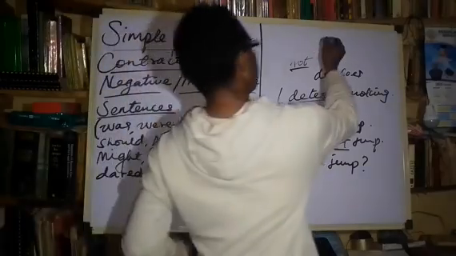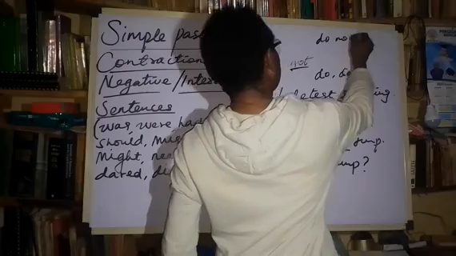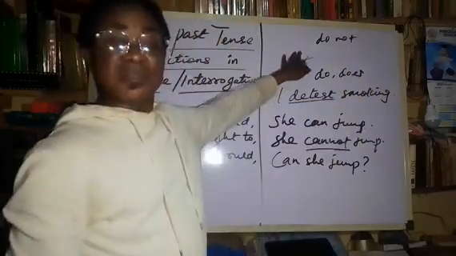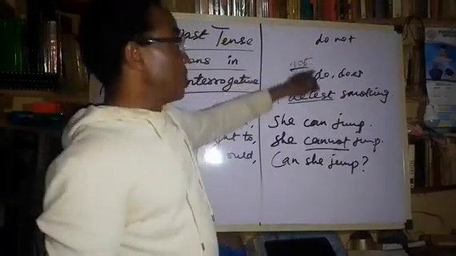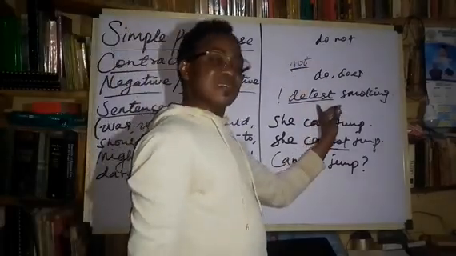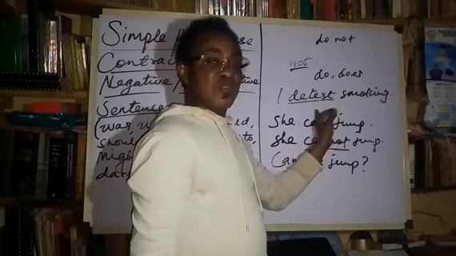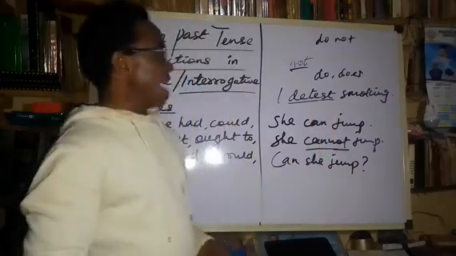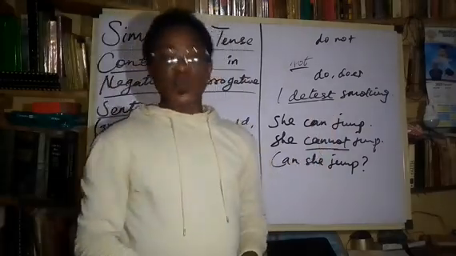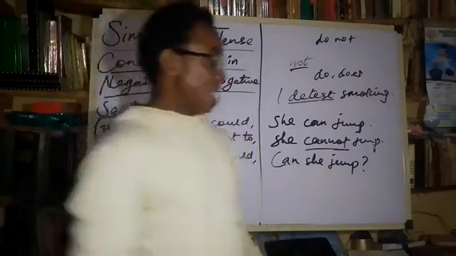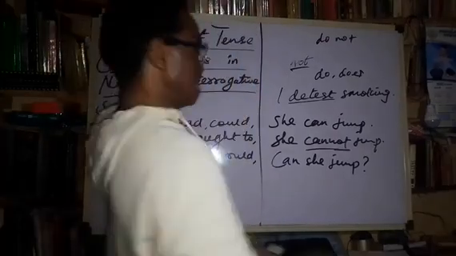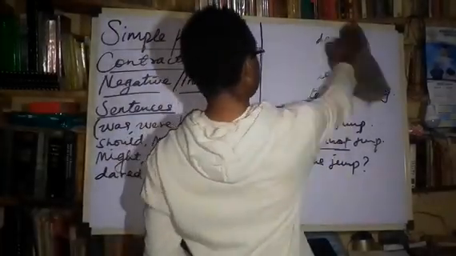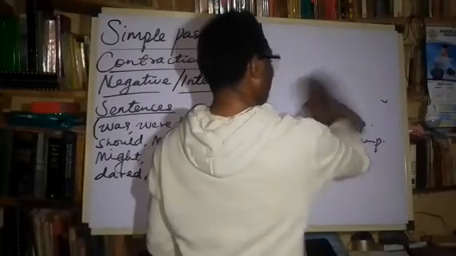I'll put not after do because it's an auxiliary verb, before I add the lexical verb detest. So I can now get I do not detest smoking, which is a negative. And so, my esteemed viewers, this is what we're talking about today.